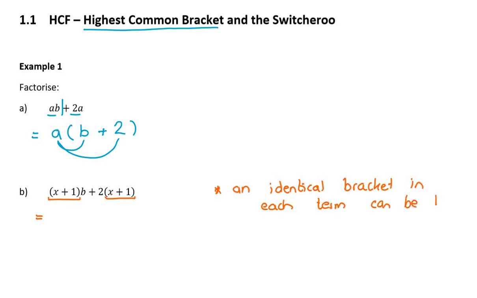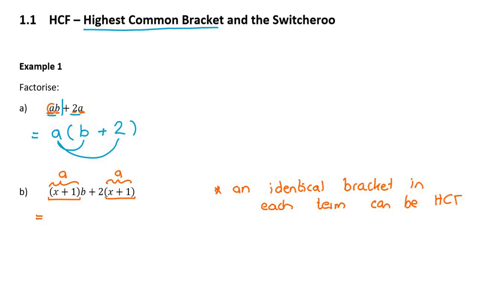So I specifically chose this question because if you look at the previous question, it says A times B plus 2 times A. Now you notice this is exactly the same question. This is like A. Because check, it's AB plus 2A. It's just that instead of A being common, I've got an entire bracket that's common. So what did we do in A?